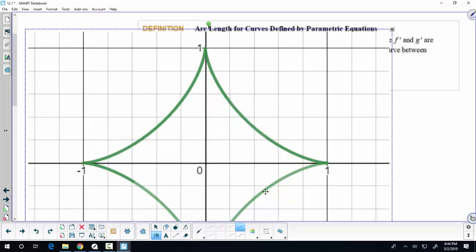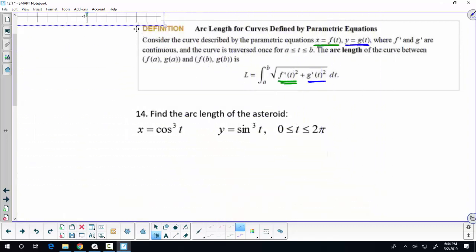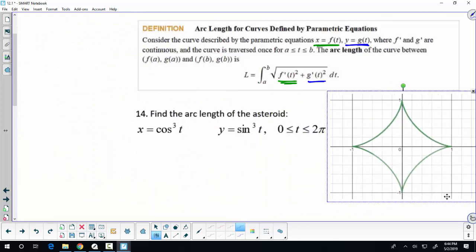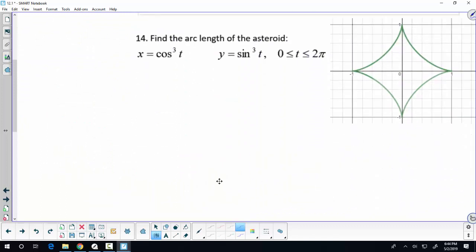That's what we're going to find the arc length of. With the figure provided, I think it's easier to use symmetry instead of trying to find the arc length of the entire thing. Just find the arc length of one piece and multiply that by 4.